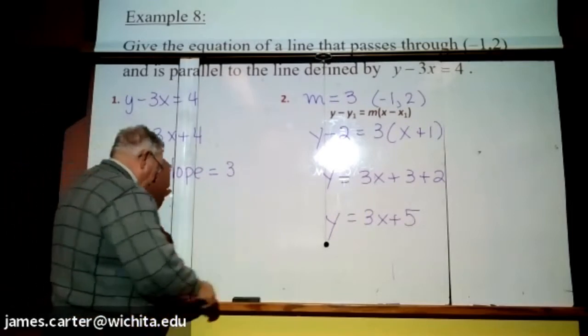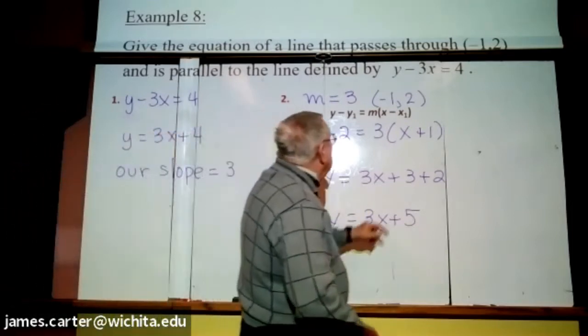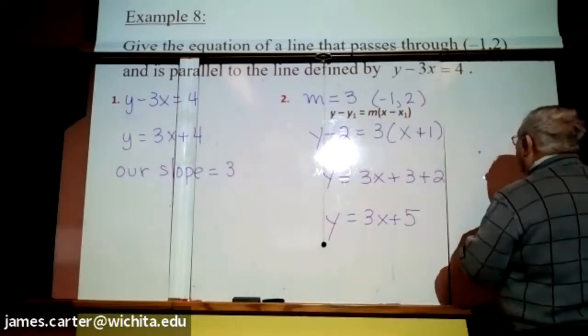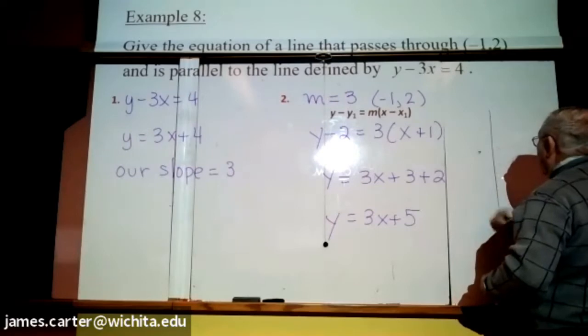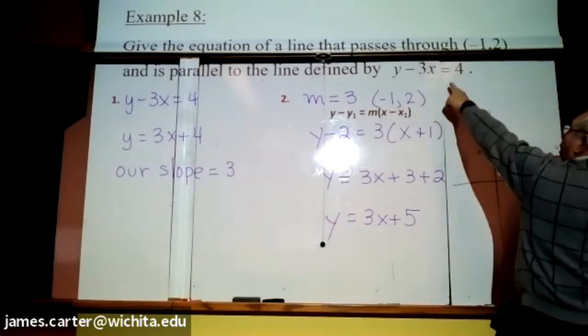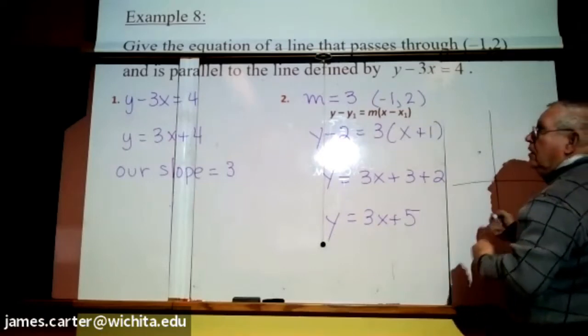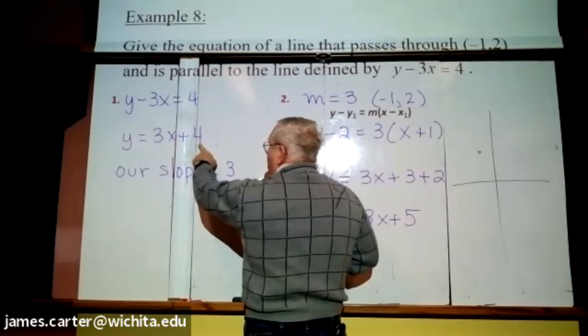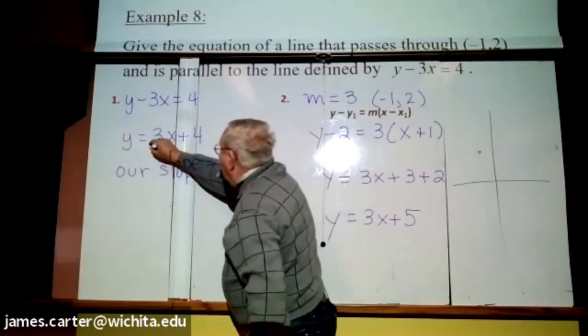Now, let's look at what that would compare with this equation graphically. Okay, here's a graph paper. To graph this first equation, which I put in this format, my y-intercept is 4, my slope is 3 over 1.